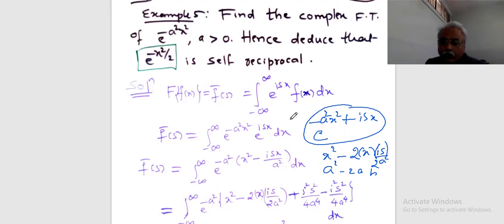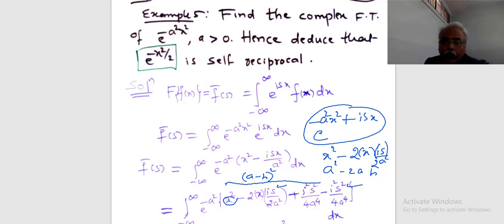So is by 2a square is b; the square of this is added and the square of this is subtracted. Now this whole thing acts as a minus b whole square, where a is x and b is this part. This part you can extract outside.